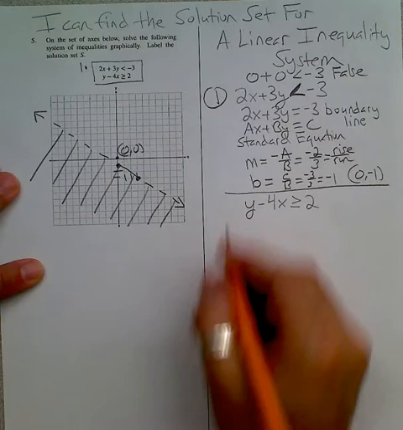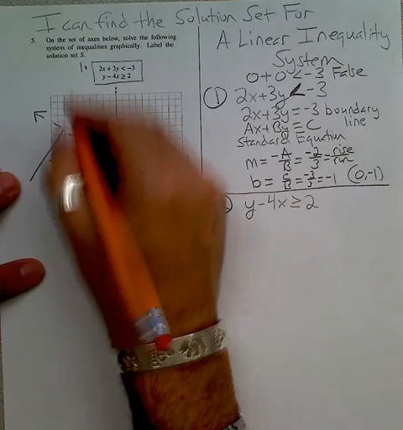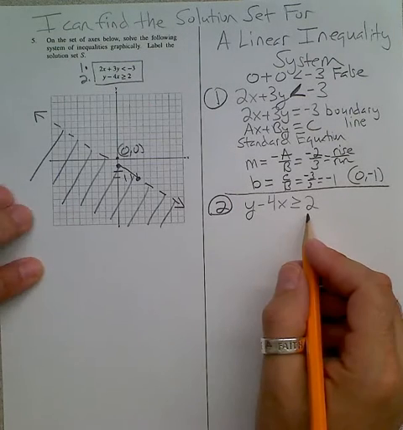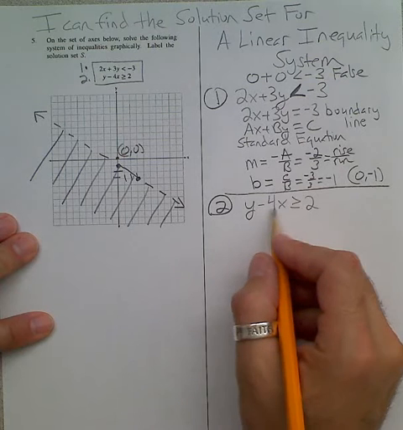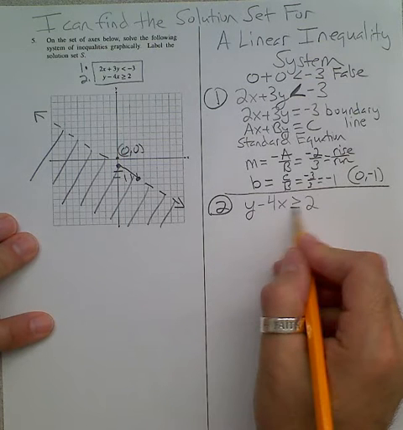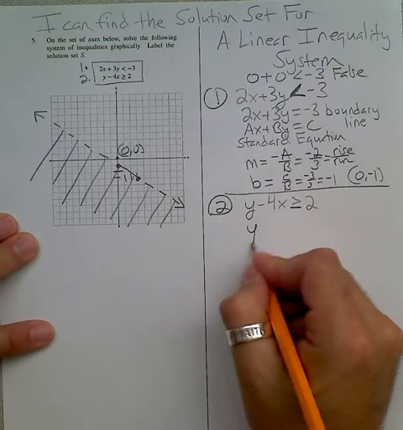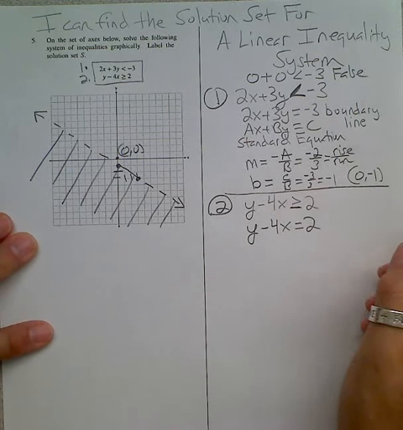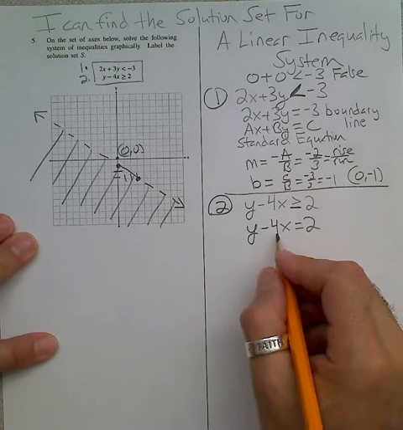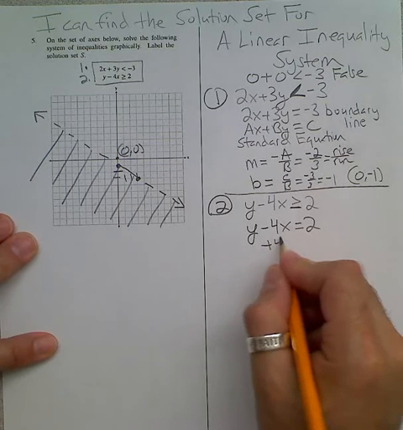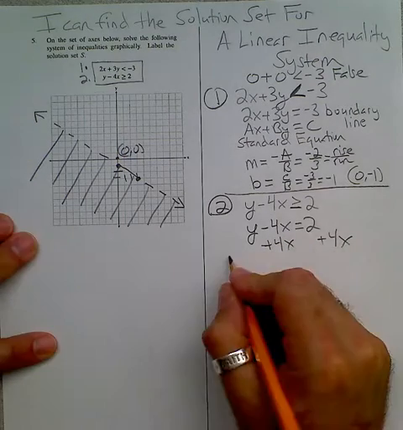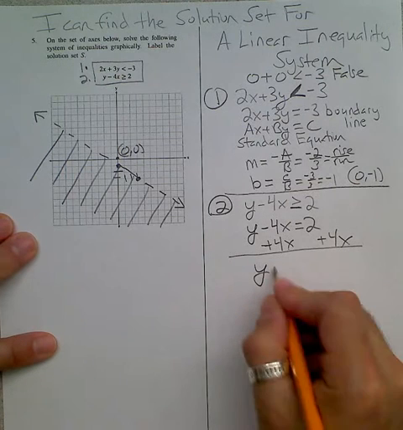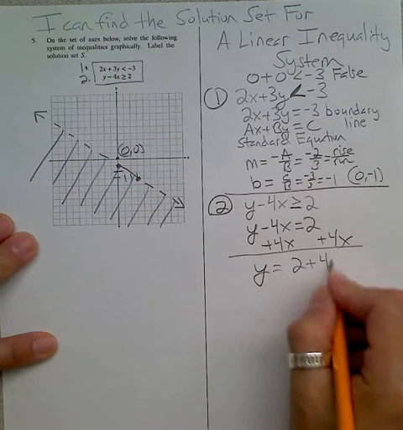Now we're going to look at our second inequality. Our second inequality has y minus 4x is greater than or equal to 2. We're going to start with our boundary line and say y minus 4x equals 2. If I add 4x to both sides, then I have y equals 2 plus 4x.